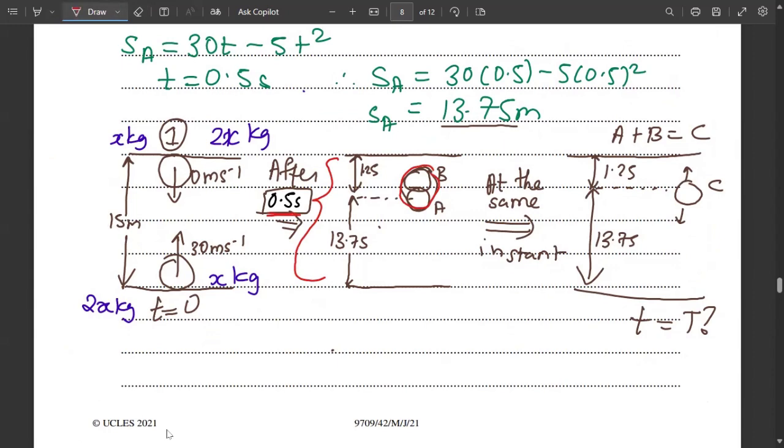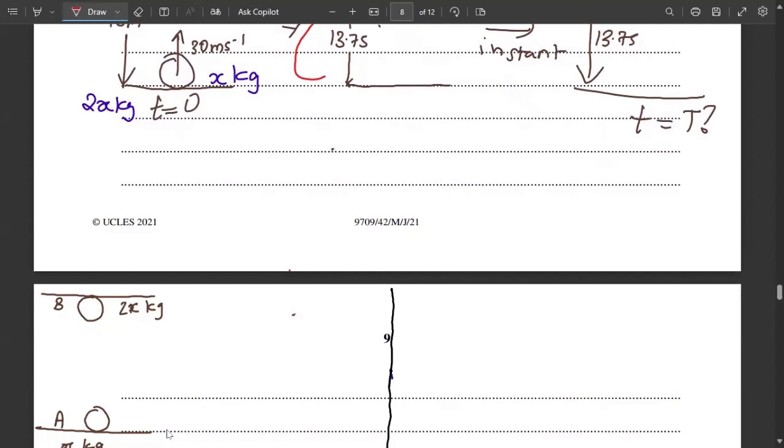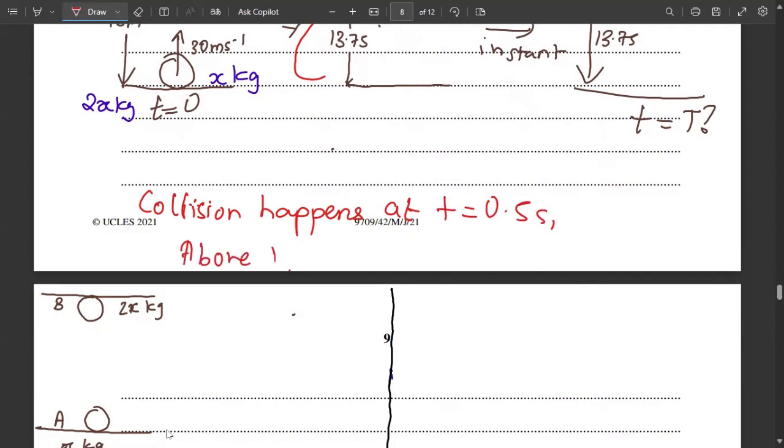So keeping that in mind, collision happens at t equals 0.5 seconds above 13.75 meter. My bad. Collision happens at 0.5 seconds, 13.75 meter above the ground. This is the constant scenario.